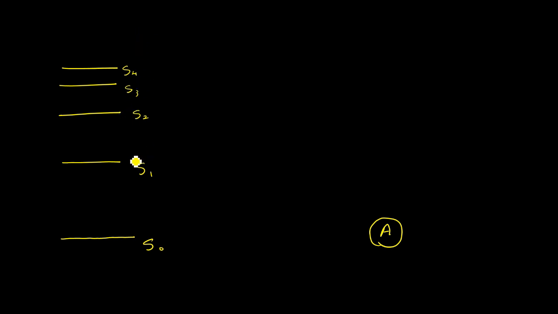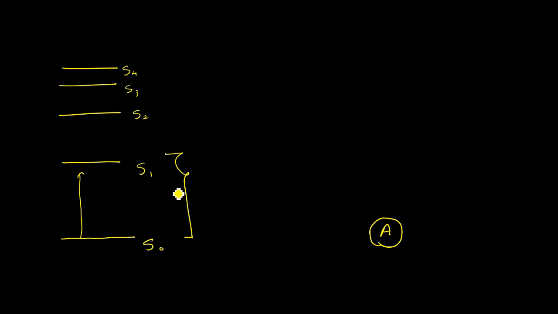There can be electronic transitions, right? Here the ground state can be excited up to S1, S2, S3. Likewise, we can denote these transitions. Now in photochemistry, we are more focused on these two states, the ground state and the first excited state.